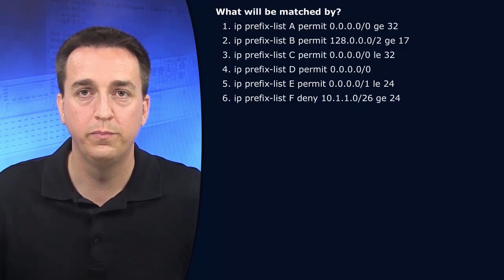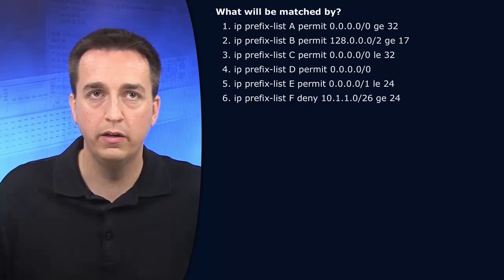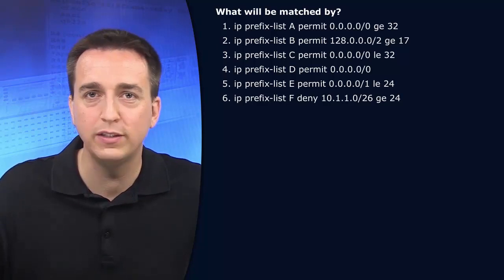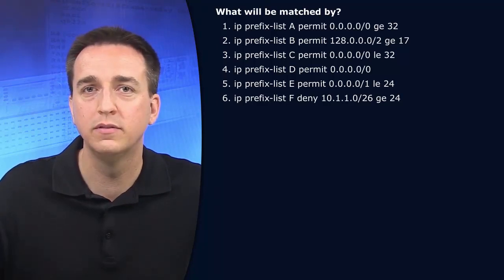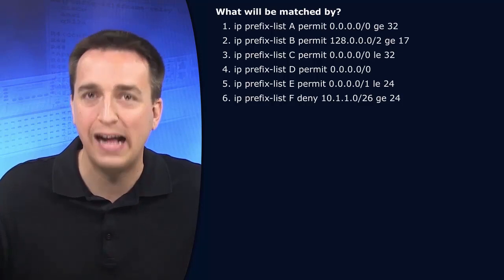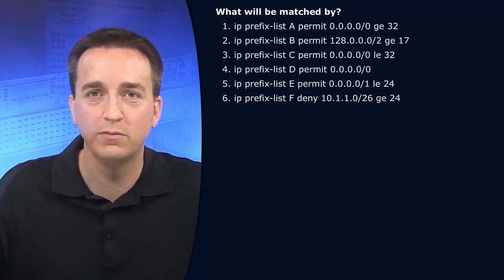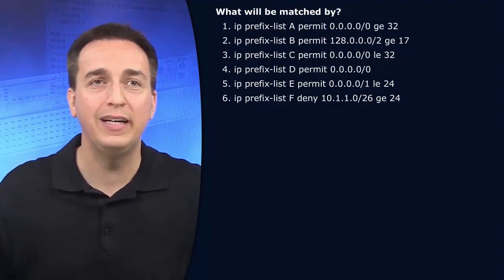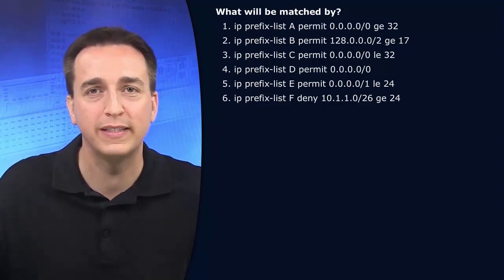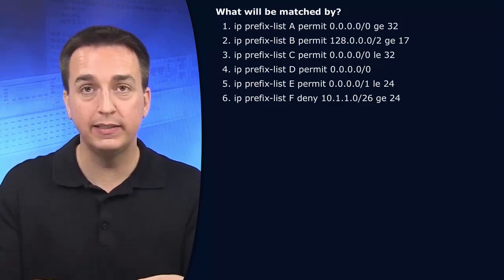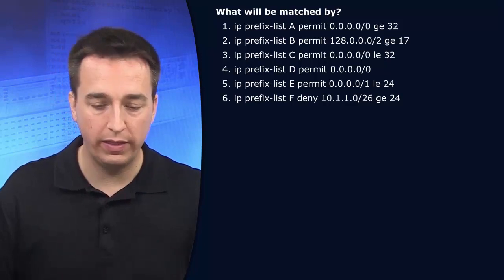All right. So now's your opportunity. Go through these. Figure out what each and every single one of them mean. And then we'll go through them together to make sure that you have the right answers. So hopefully you've taken the time to complete these 6 different prefix lists and identify exactly what is being identified within them.